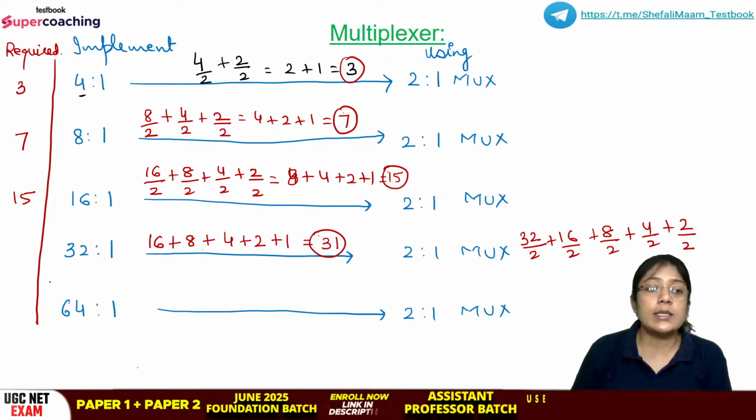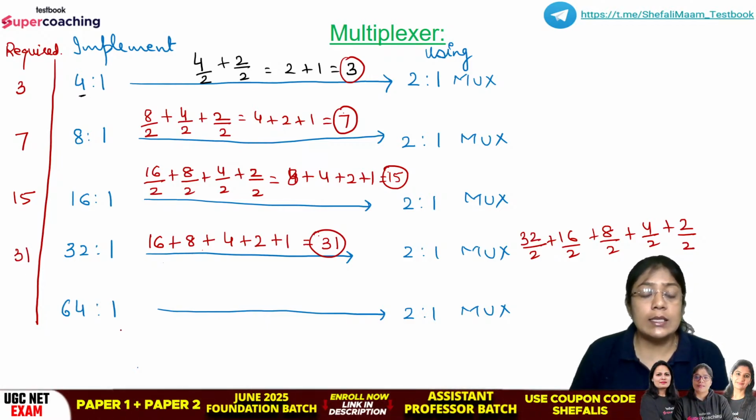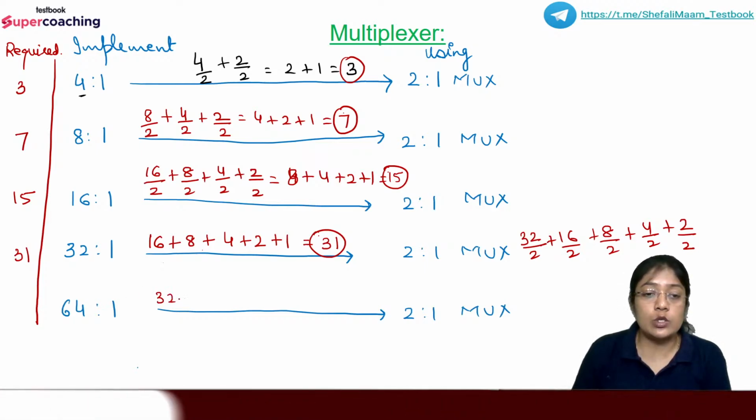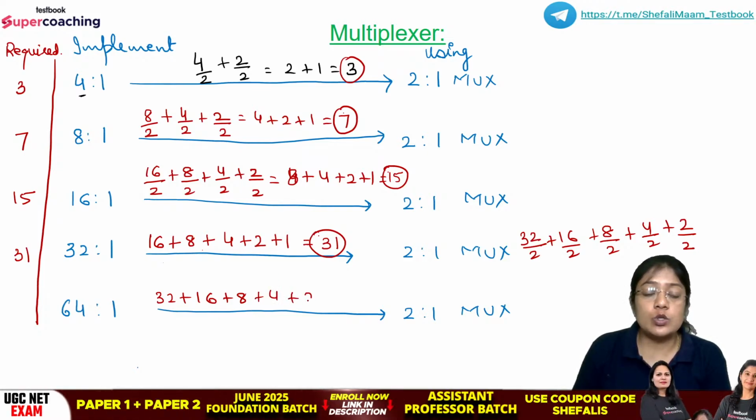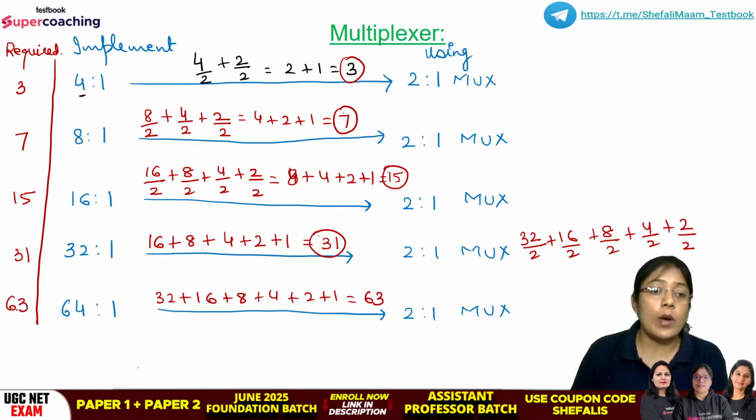So 31 mux are required. In the same way, here we'll be getting 64 divided by 2 is 32, 32 plus 16 plus 8 plus 4 plus 2 plus 1, which is equal to 63. So 63 mux are required.